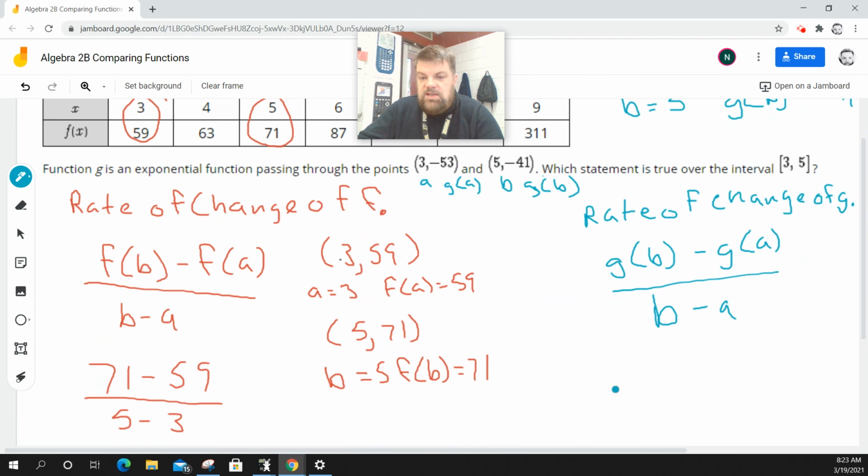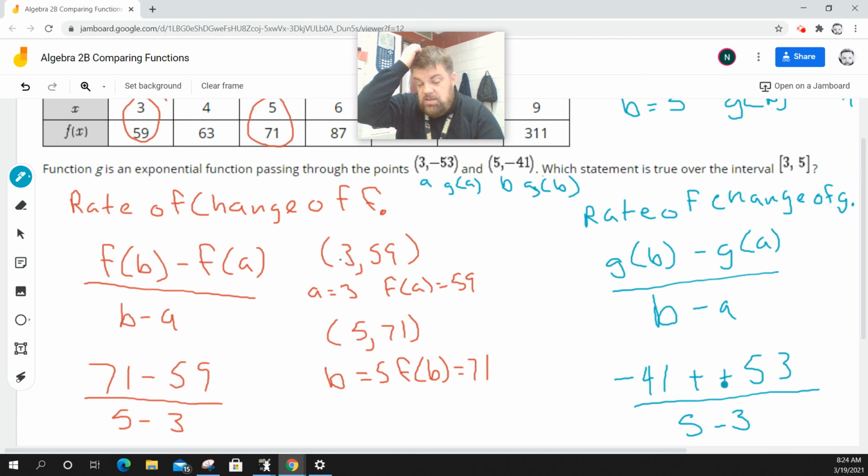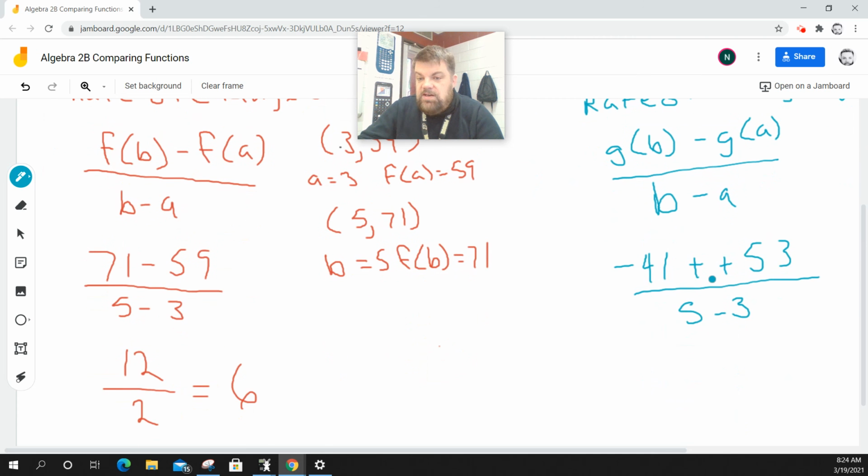So g of b is negative 41 minus negative 53, all over 5 minus 3. 53 minus 41, remember when you minus a minus, it becomes a plus. So 53 minus 41 is 12, all over 2. That should be 6.